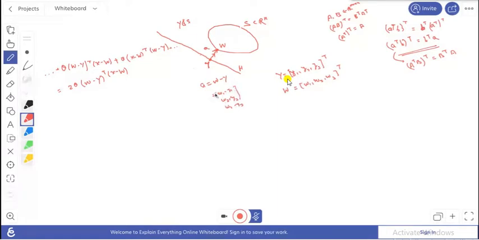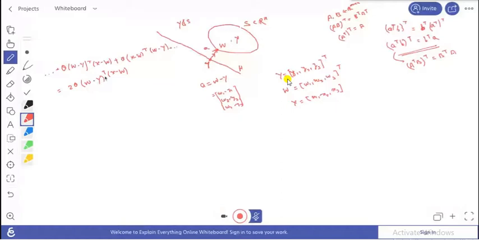Okay, so this is for vector A. And if any x belongs to that set S, suppose x has values x1, x2, and x3. Okay, so what is this?